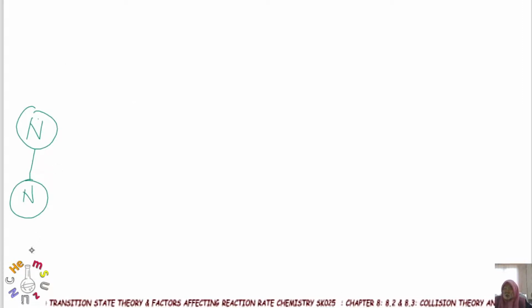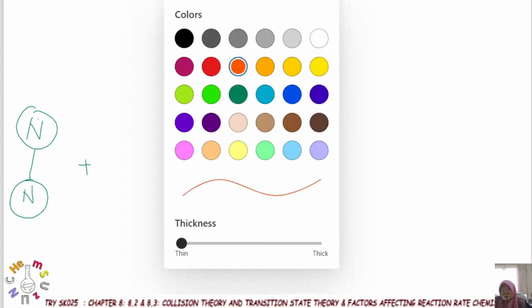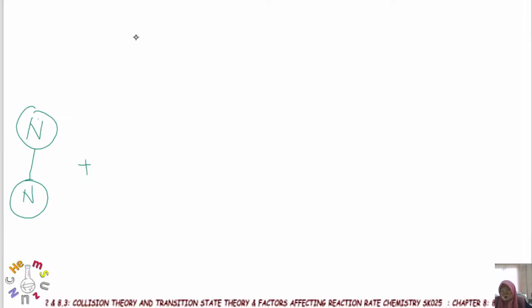Lepas tu hidrogen nak lukis kat mana? Sebelah, atas, bawah, kiri, kanan? Sebelah. Dalam bentuk vertikal juga. Okay, saya ambil warna lain. Okay, so saya ada hidrogen.